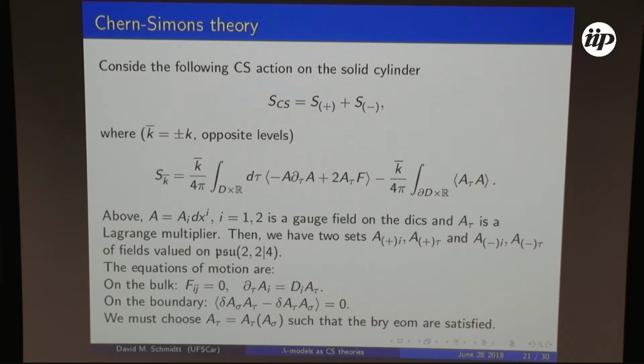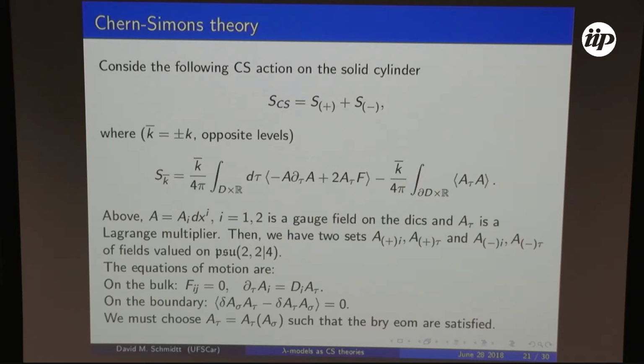And there are these boundary equations of motion that must be satisfied. So we must choose this Lagrange multiplier A tau in terms of components of A sigma, so that these boundary equations of motion are satisfied.